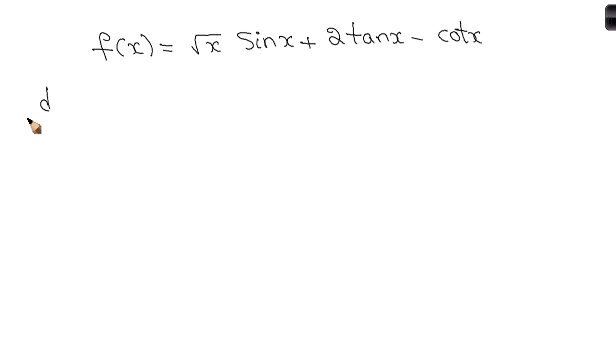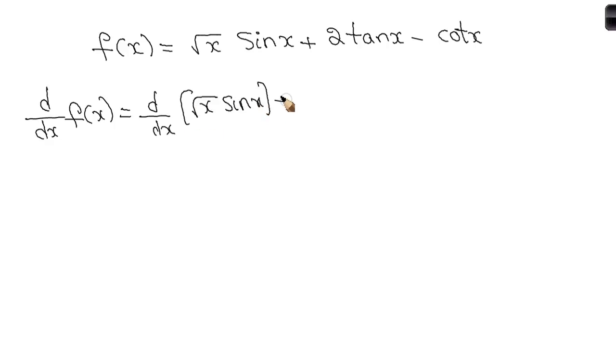If I would like to find the derivative of this function, derivative of f of x is the same as derivative of root x into sin x, plus derivative of 2 tan x, which would be 2 times derivative of tan x, minus derivative of cot x.